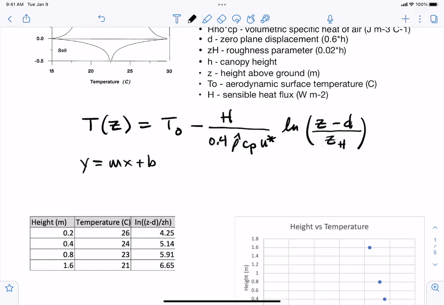Well, this isn't written quite that way, but if we look closely, T0 could be b, minus H over 0.4 rho Cp U star could be our m, and this value could be our x. And if we do that, we actually can get a little use out of graphing temperature with height.